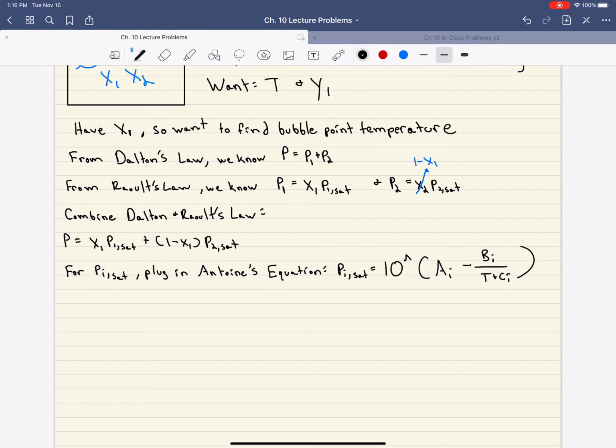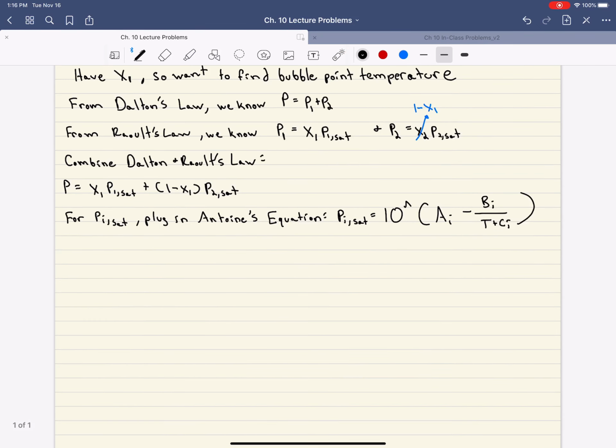We could go back to our combined Dalton and Raoult's law and plug in, with A2 minus B2 over T plus C2.